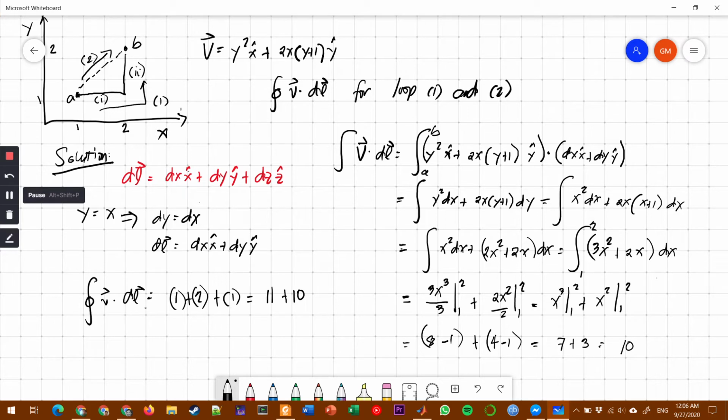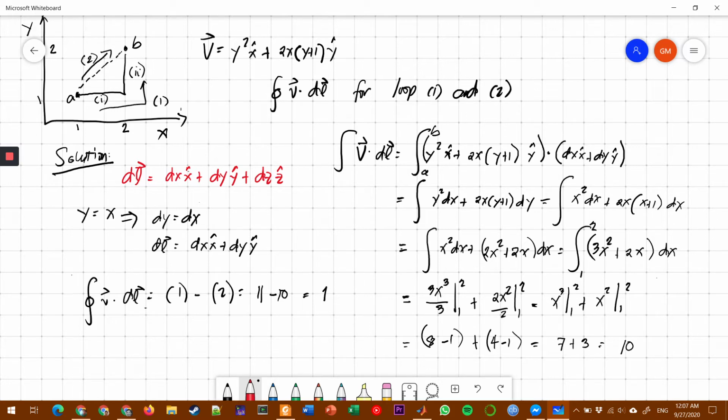So for the closed loop integral, we just do this. Let me erase this. So actually, this path 1, then balik man ka, so it should be minus here, right? So we have path 1 minus path 2. So we have 11 minus 10. So it will just give you 1. So this is the value of your closed integral. So this is the overall result.